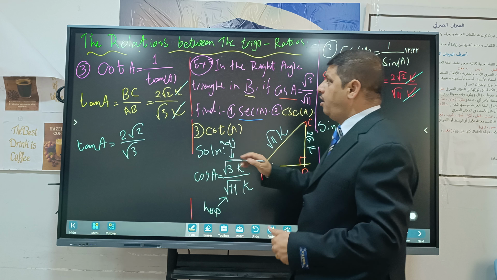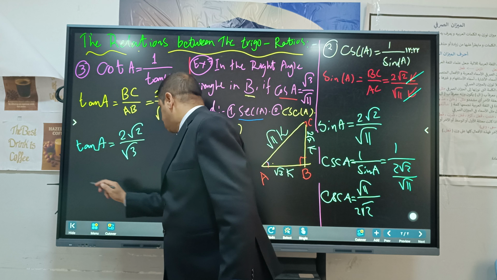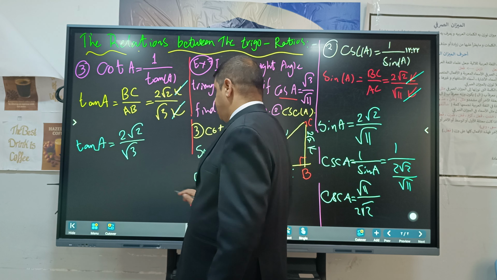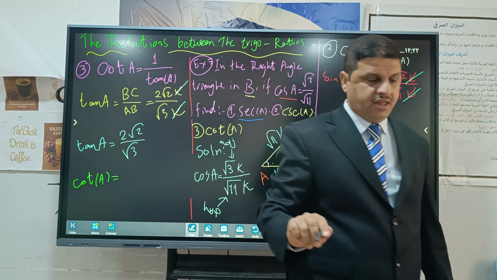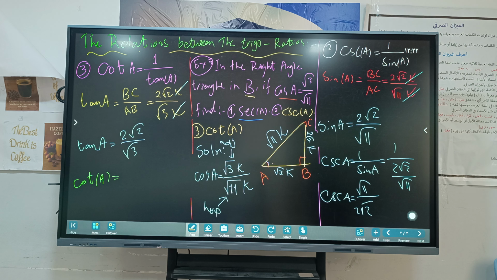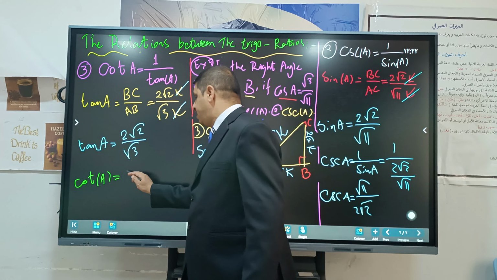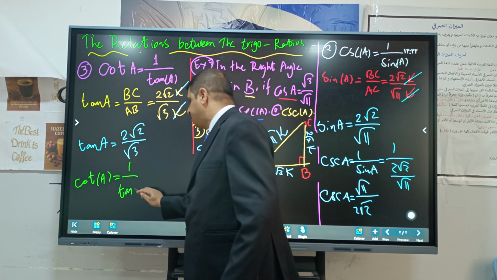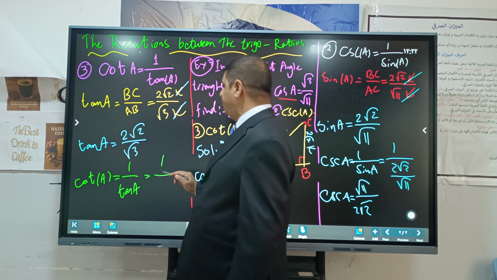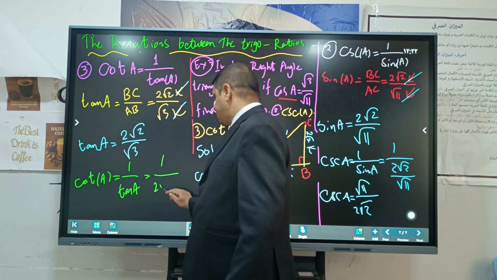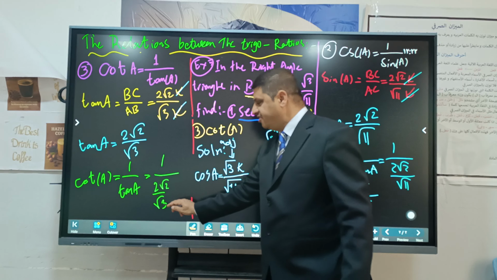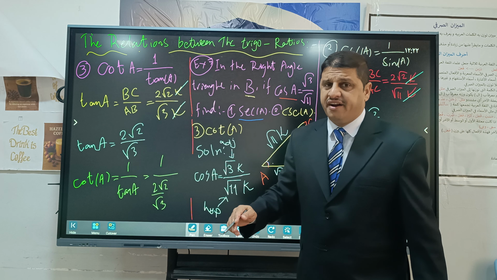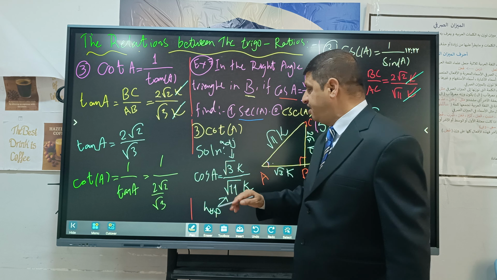Now, I will calculate the cotan. Cotan of A equals as the following. Look at me, it's very long. Cotan of A is 1 over tan of A, which means 1 over this quantity. As usual, the denominator of the denominator is multiplied by the numerator.